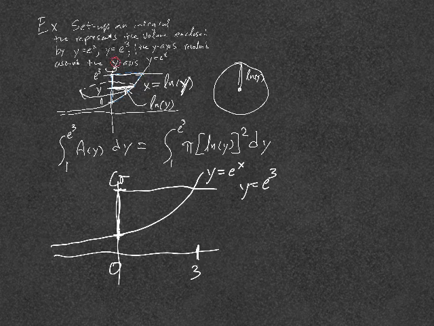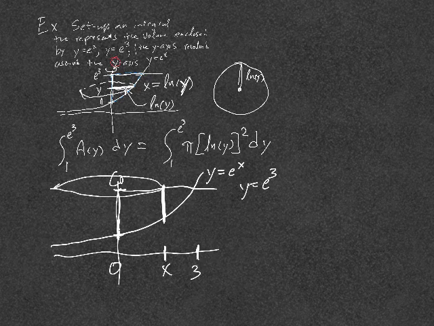And so now to build the shells, we're thinking about what's the area we get when we take some x value and look at that little strip right there, and what happens when we spin that around the y-axis. Right?